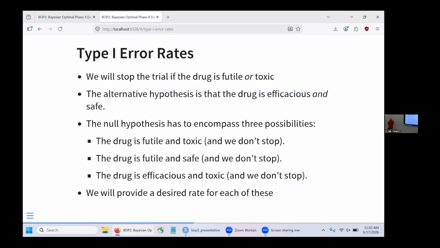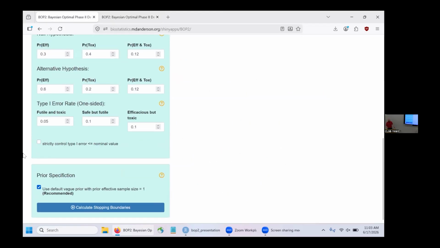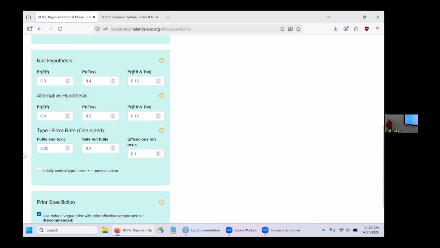So we have to provide a desired type 1 error rate for each of these. And you can see that here, that there are 3 type 1 error rates for futility and toxicity, safety and futility, and efficacy and toxicity. And so we need to provide these 3.